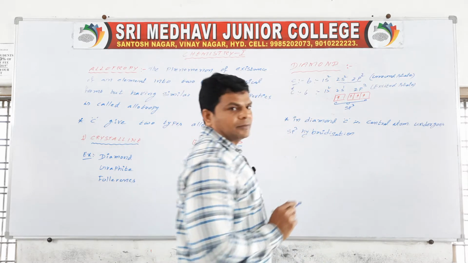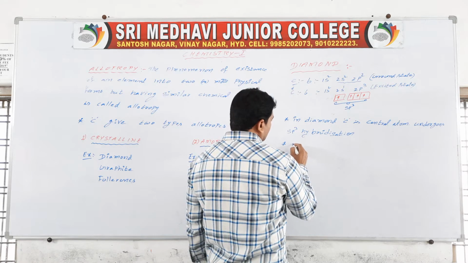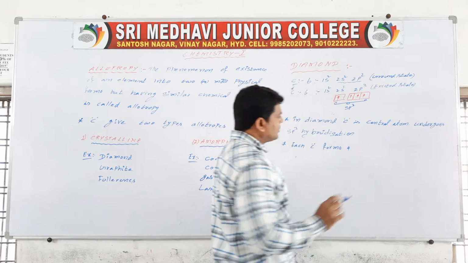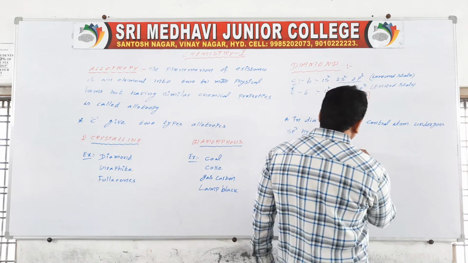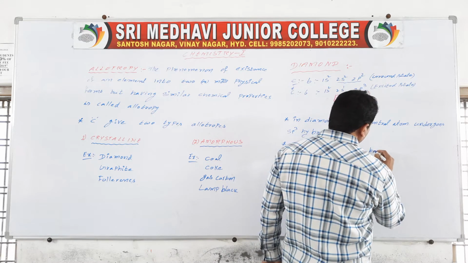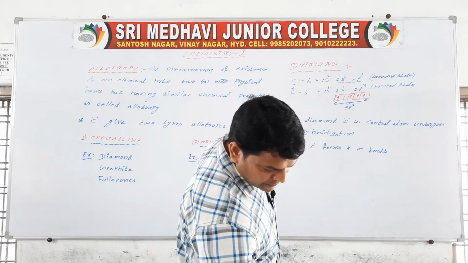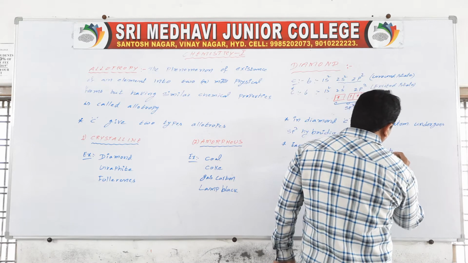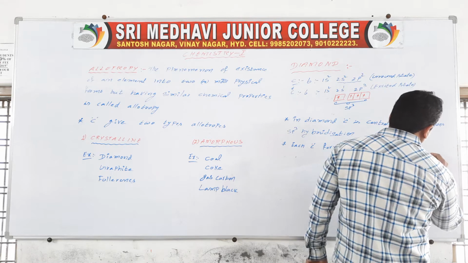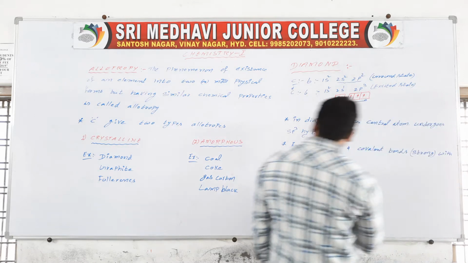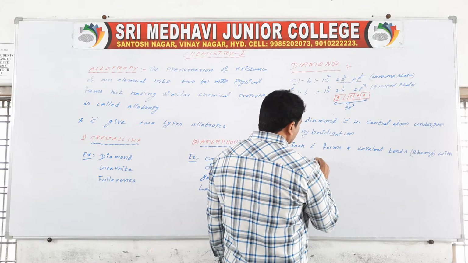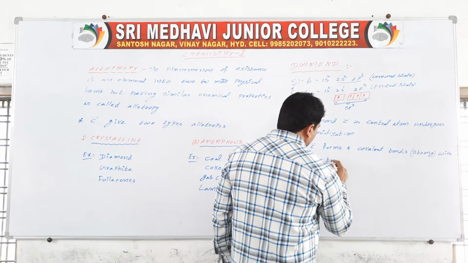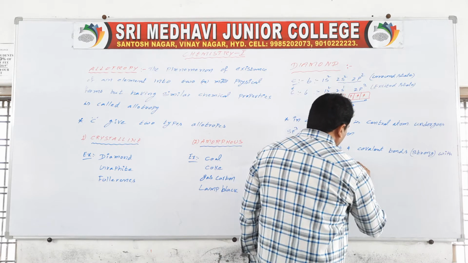Each carbon forms 4 strong covalent bonds, 4 sigma bonds, with other carbon atoms.